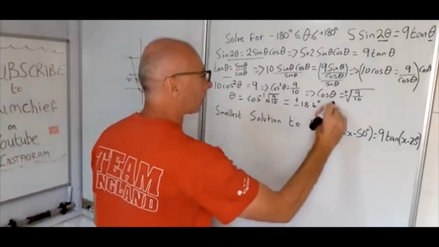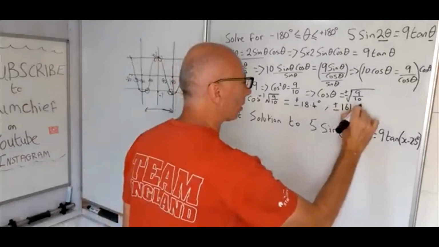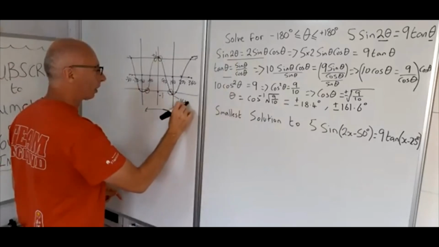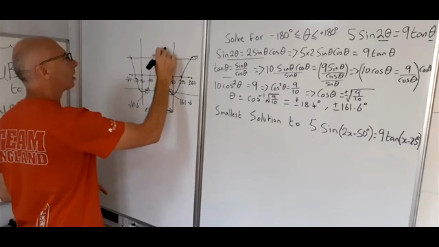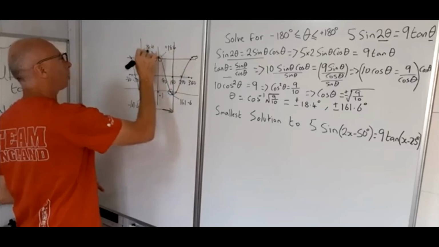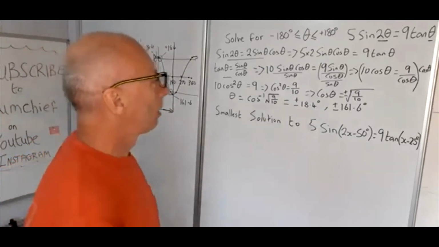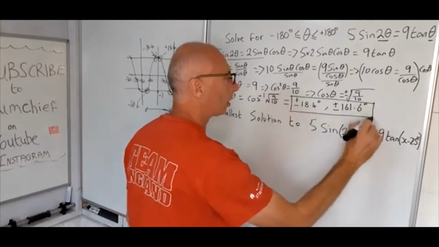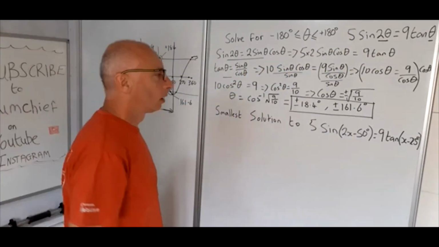And we also get plus or minus 161.6 degrees. So that's these ones here. So I'm going to write 161.6, minus 161.6, 18.4 and minus 18.4. So those are our solutions for theta. There are basically 4 solutions. So that's the answer for our theta here.